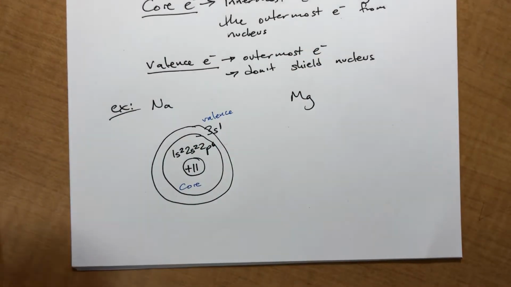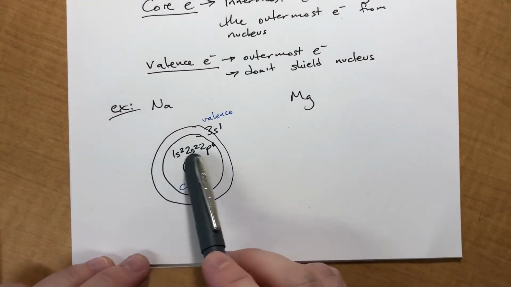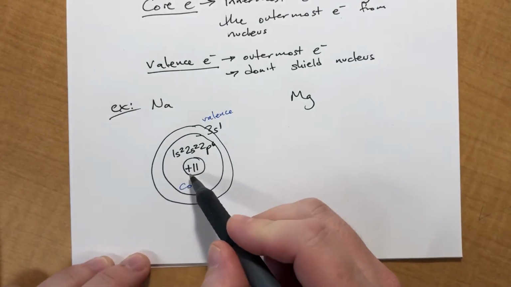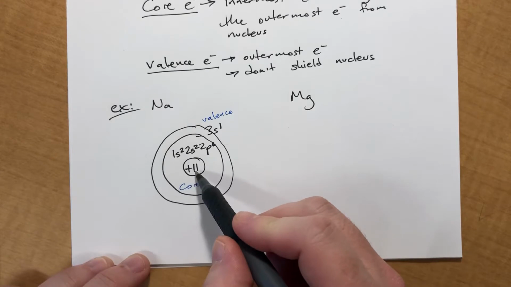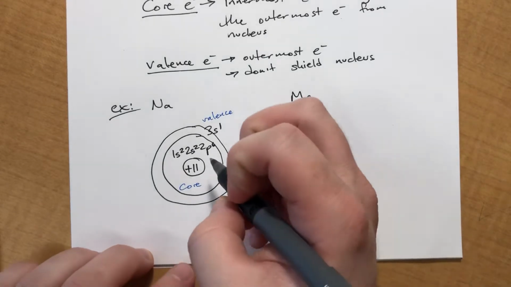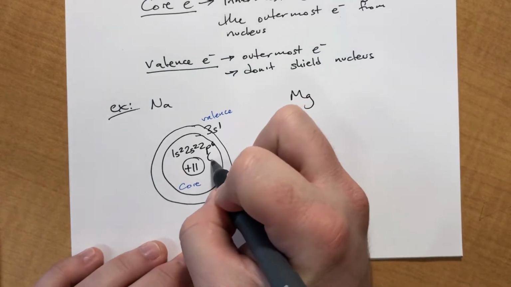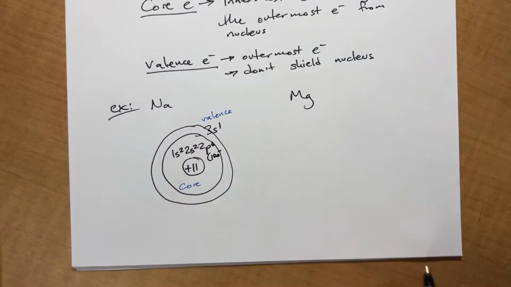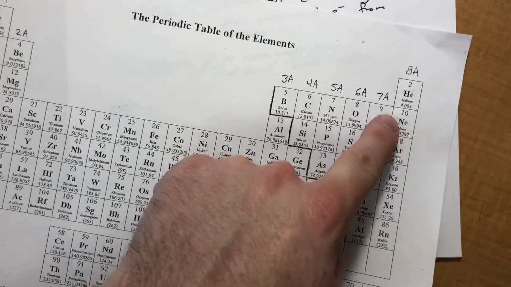The idea is that there are 10 electrons here, and the core ones essentially cancel out the effect of 10 of the protons. So this is 10 electrons, 2 plus 2 plus 6, or it's essentially a neon core, 10.